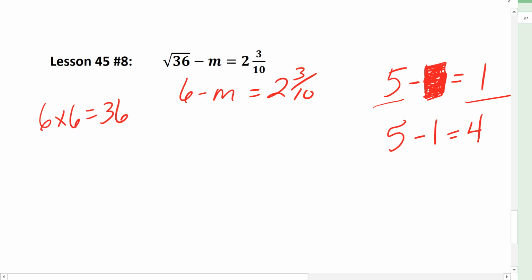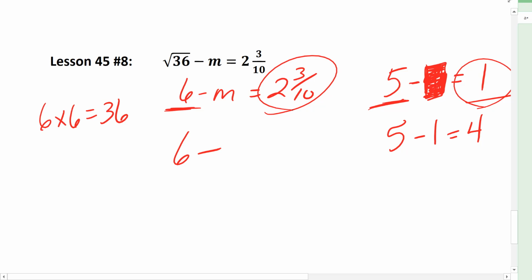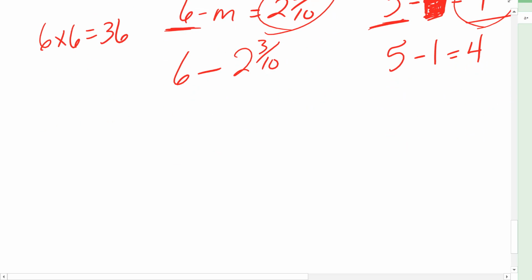That's the missing number. So I'm going to do the same thing here. I'm going to take the number that's here, which is where the 5 was, and I'm going to subtract the number that was on the right of the equal sign, 2 3/10.